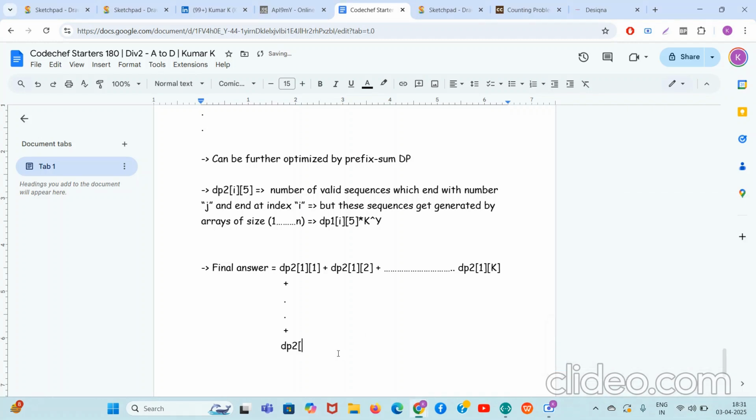dp[2][n][1]. All the strictly increasing sequences can end at any index, ending at n, having their final value as 2, but we assume that we have generated all the arrays to reach this point.